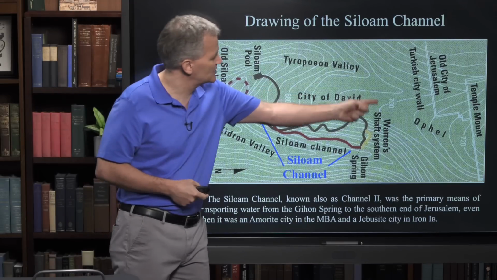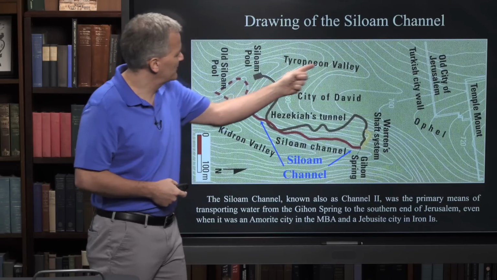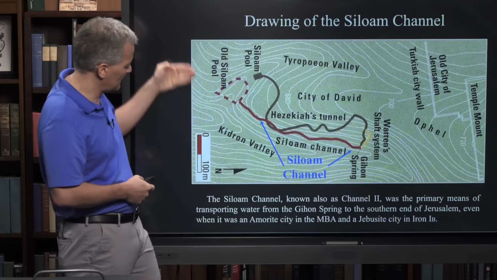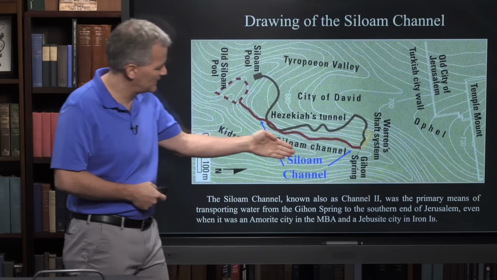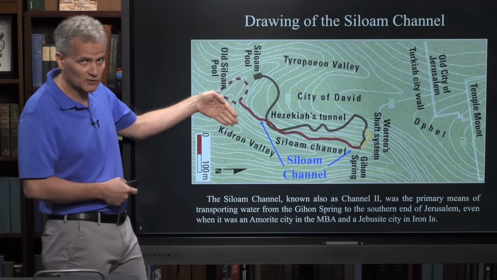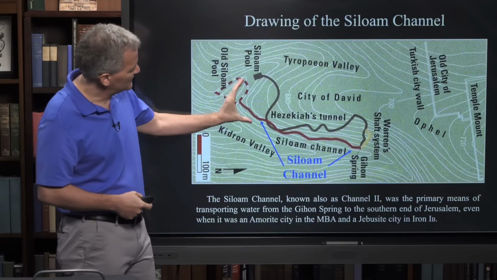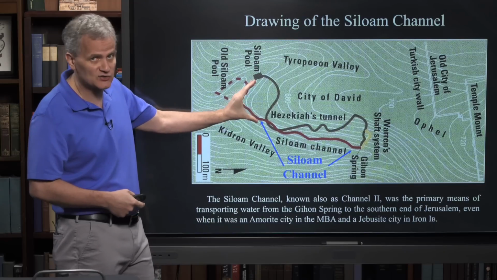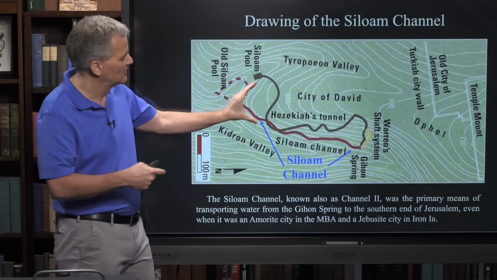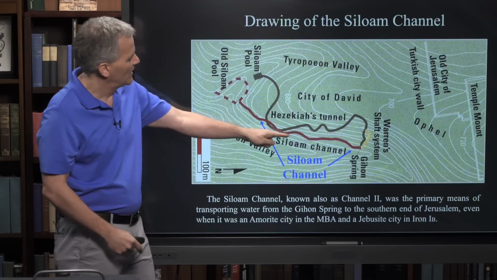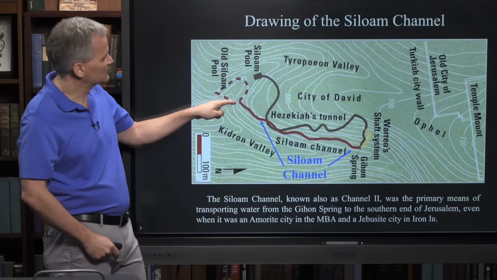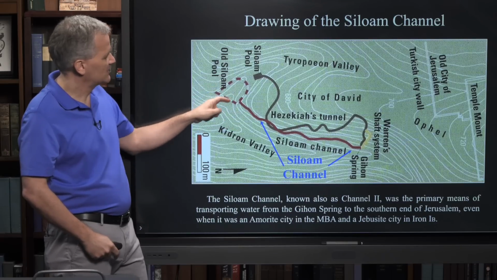So again, this is the city of David. This is the Tyropaian Valley. This is valley down here, and the Kidron Valley is here, and it ends up turning a little bit to the west as it goes to the south. And so this area here is the extension of the city where it ends. And so the water would come along this way and end up in this area.